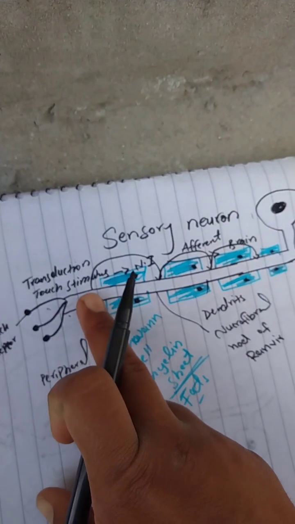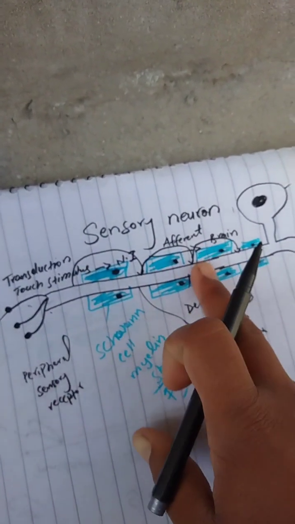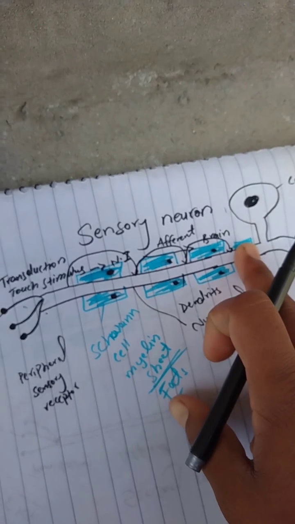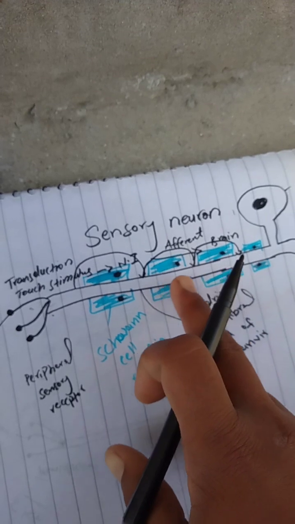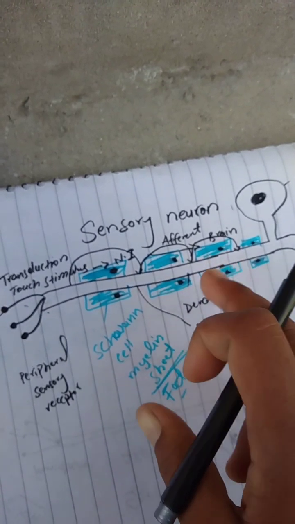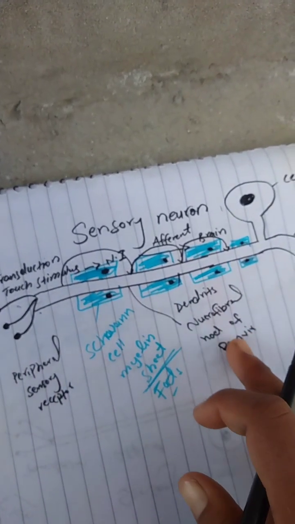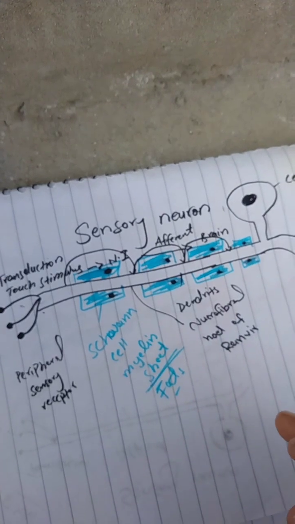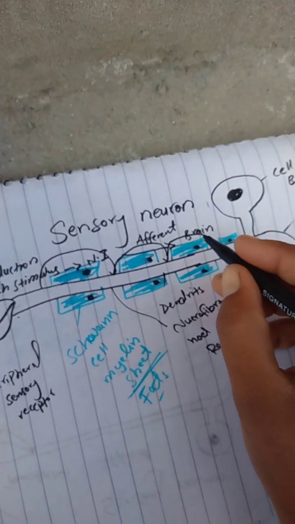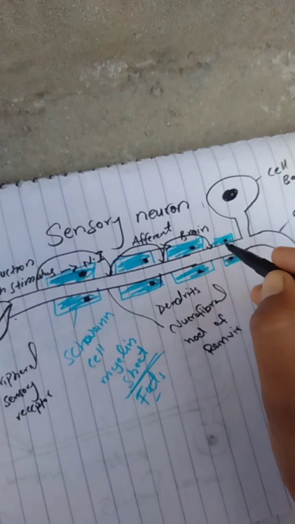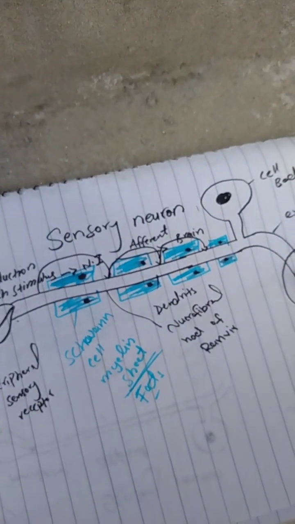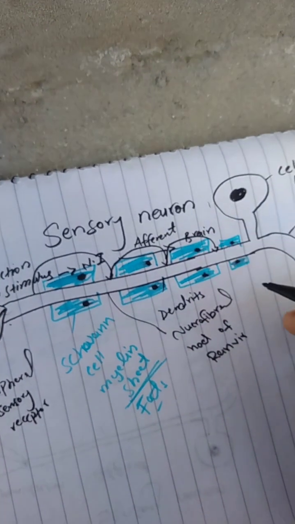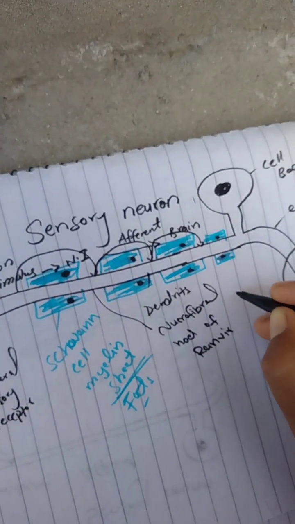So in this way, the speed of the nerve impulse becomes fast due to the nodes of Ranvier. This jumping process of the nerve impulse is called saltatory transmission.